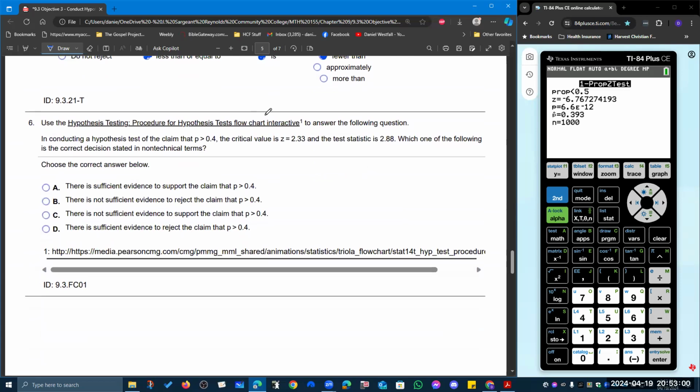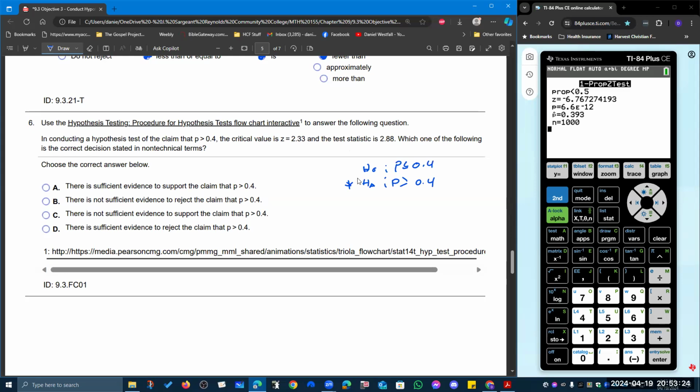Not going to watch this video, but you can watch that before answering this question and conducting a hypothesis test for the claim that P is greater than 0.4. That has to be my alternative hypothesis. H naught has to be that P is less than or equal to 0.4.